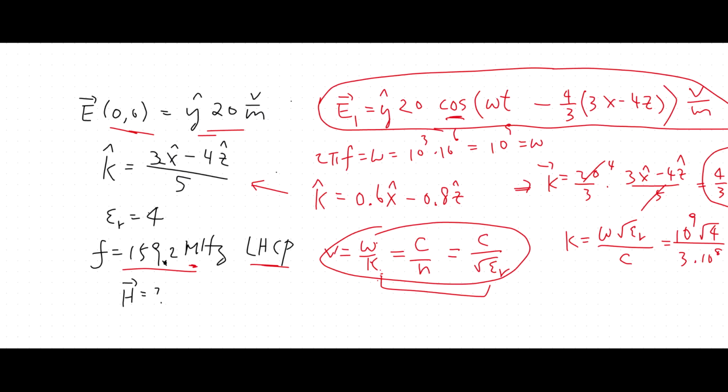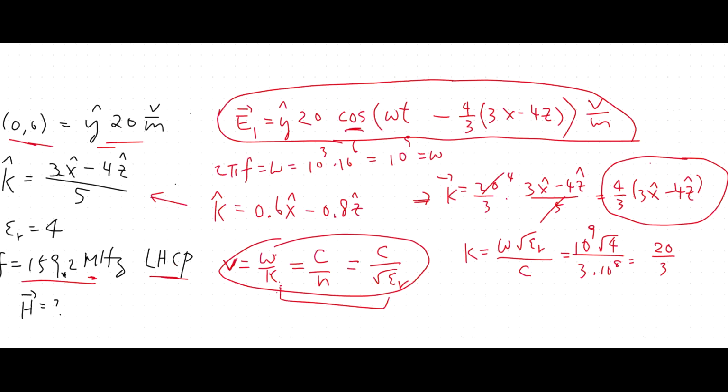V over what? Oh, this one? V, sorry, velocity. I know it looks like a W. Velocity is omega over k, which is c over n. n is the square root of the dielectric constant. Are we okay so far? All right.